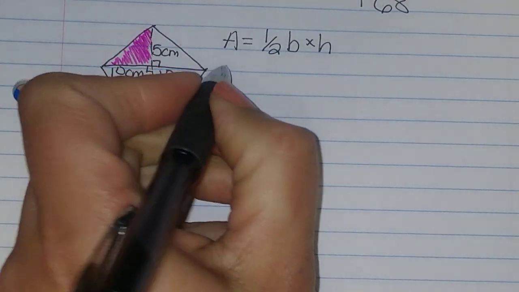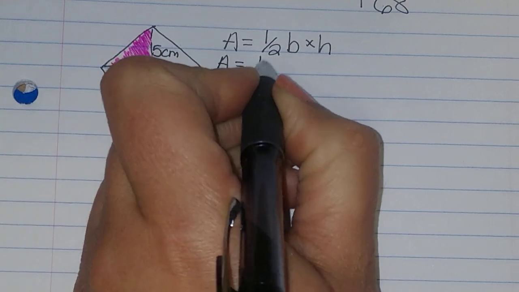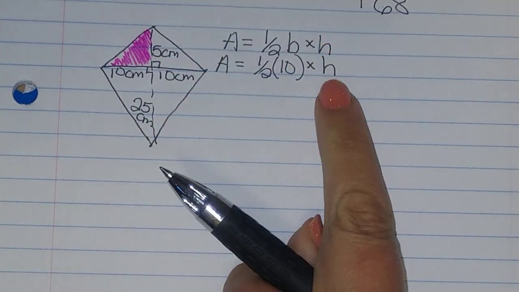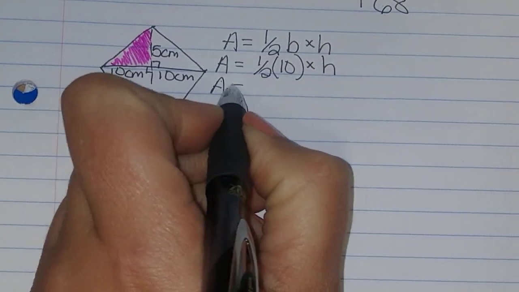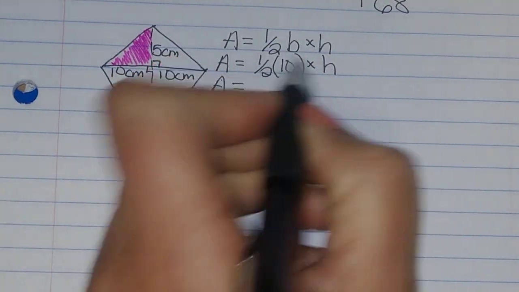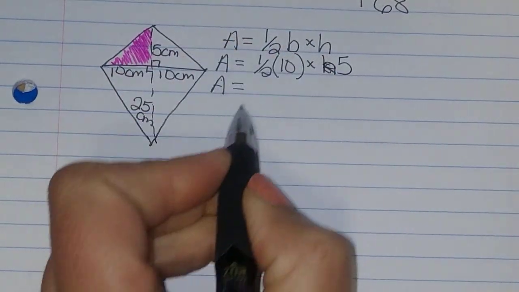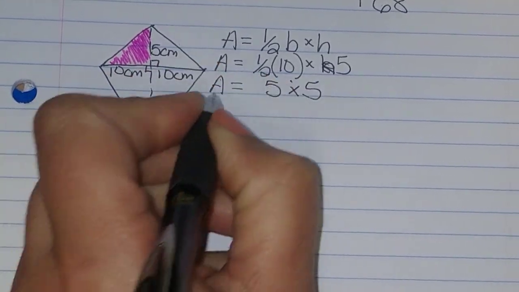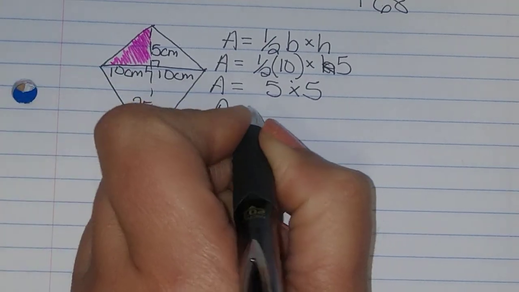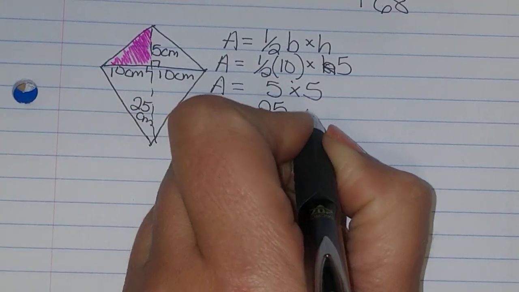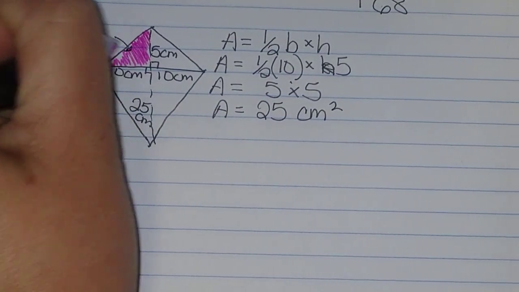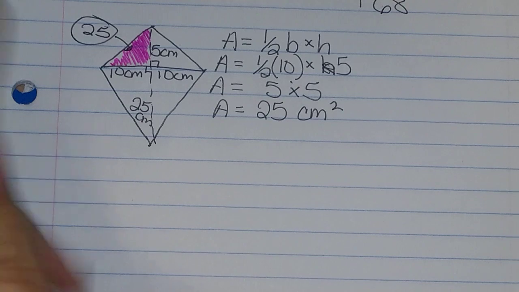Area equals 1/2 of 10, since that's my base, times a height of 5. Half of 10 is 5, so area equals 5 times 5. The area for this first triangle is 25 square centimeters. Maybe I want to put 25 here and circle the number.